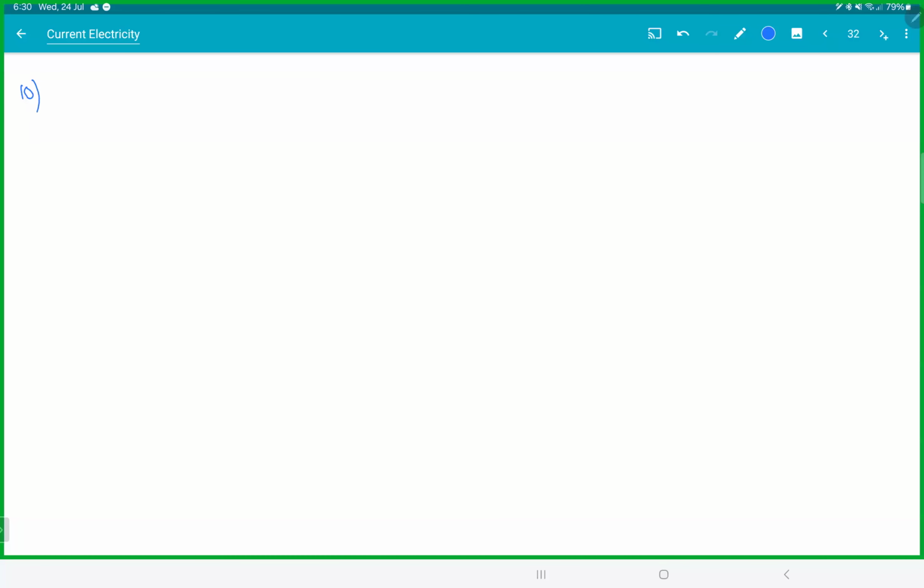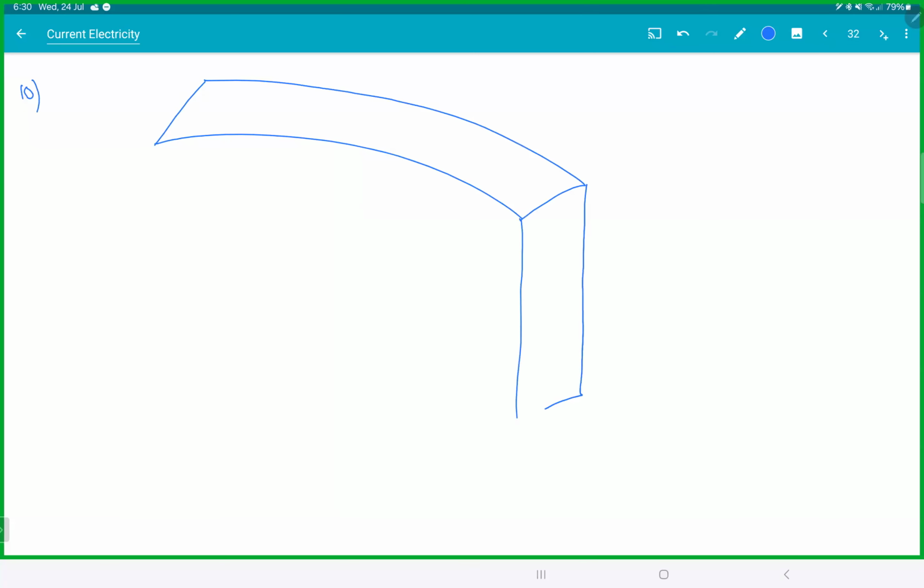Next one. This is a good one, a much better one. So we have a piece like this. This is angle theta, and the top view will look like this.